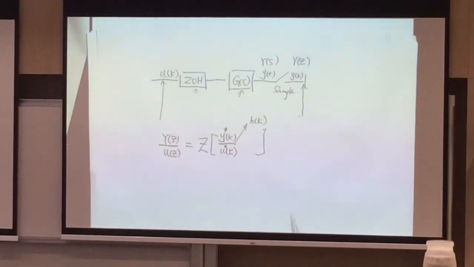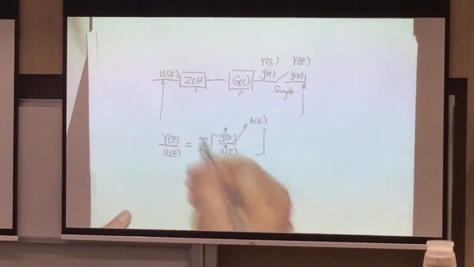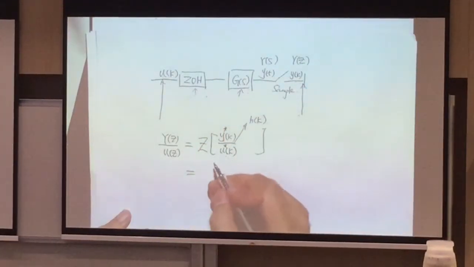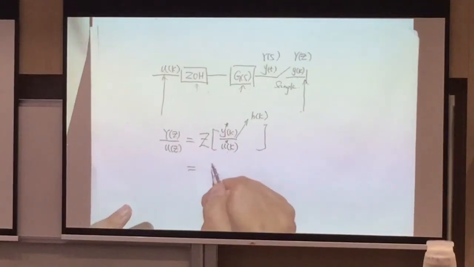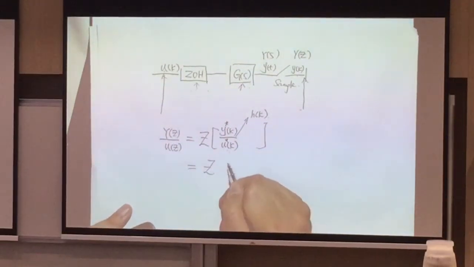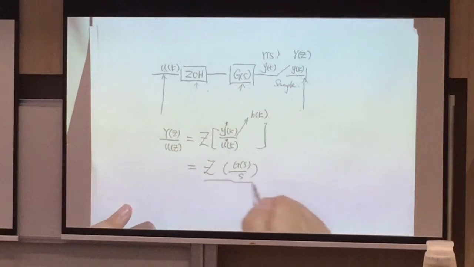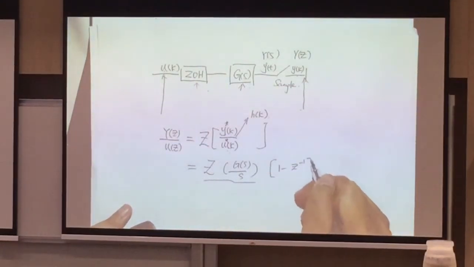For this one, we understand the Z transform should be the zero-order hold multiplied with your G(s), because those are in cascade in the time domain. So you have to do the Z transform of G(s) over s. Then after you have done this, you just multiply with 1 minus z to the minus 1, right?